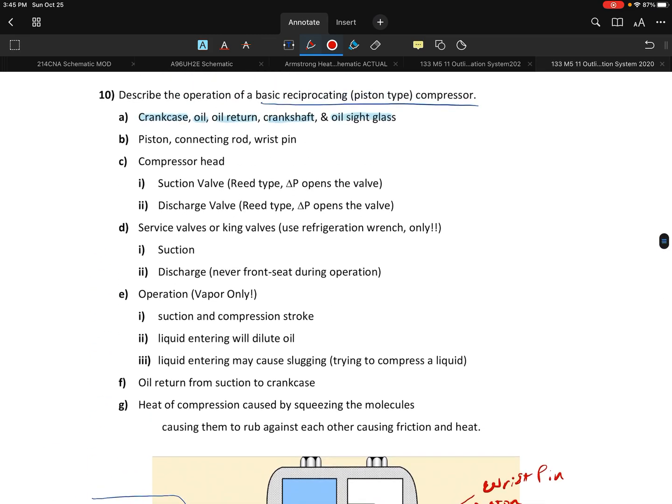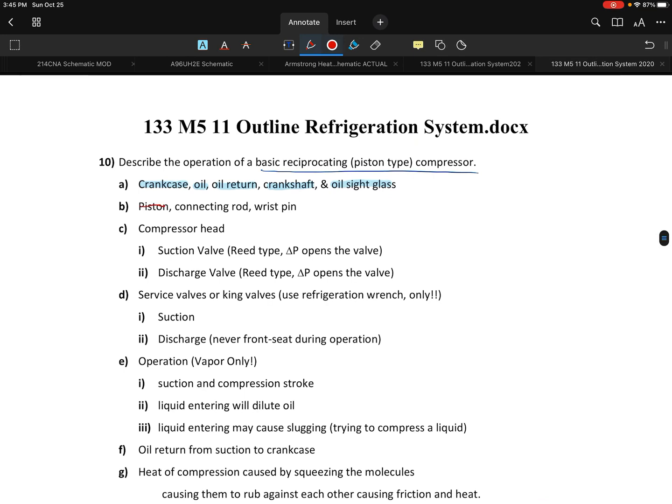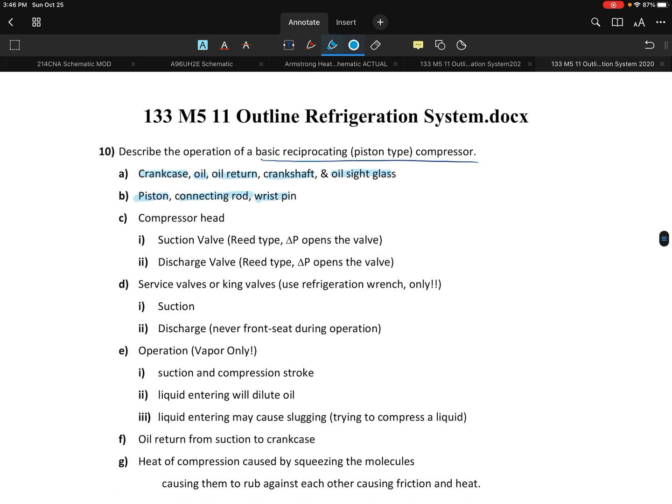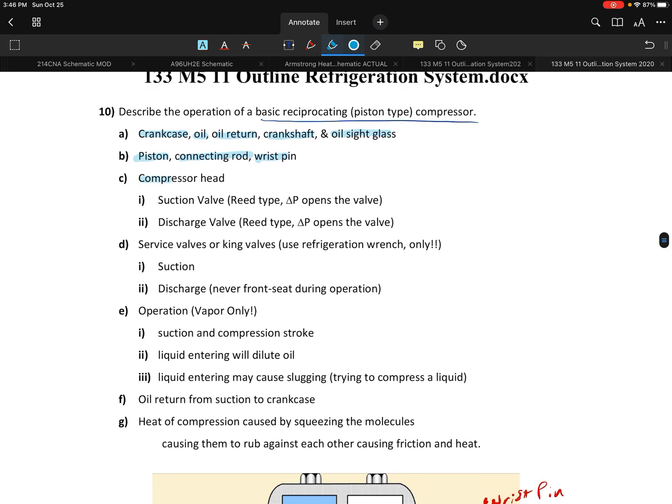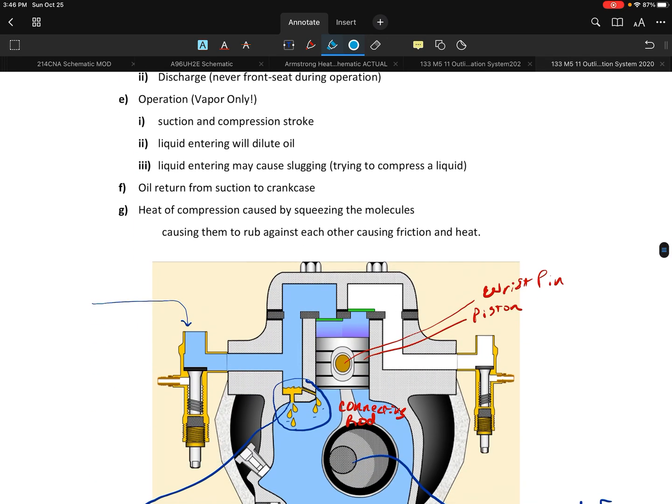So we pretty much have items A, items B taken care of. Item C, compressor head. The head of the compressor, in this particular case, we're going to get that one going.